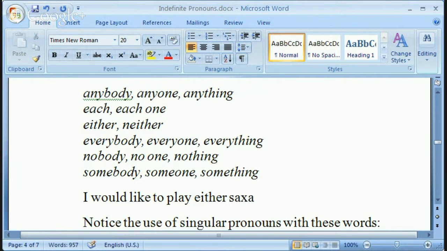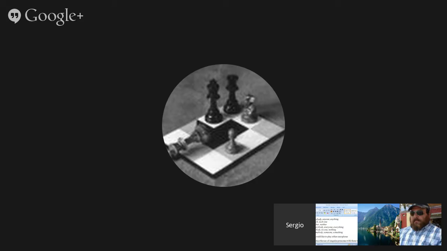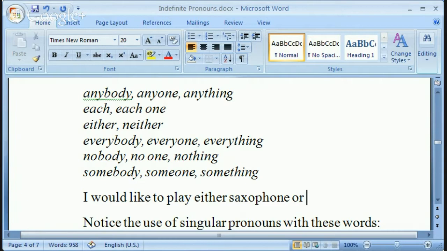Saxophone. I never remember how to spell saxophone. Yeah, with O. Okay. What I was looking for is to use one of these words here in this position of I as the subject noun.